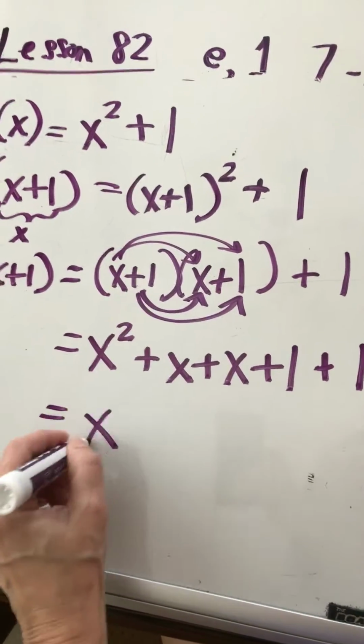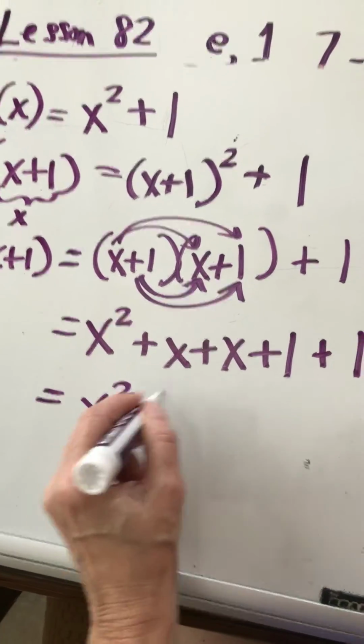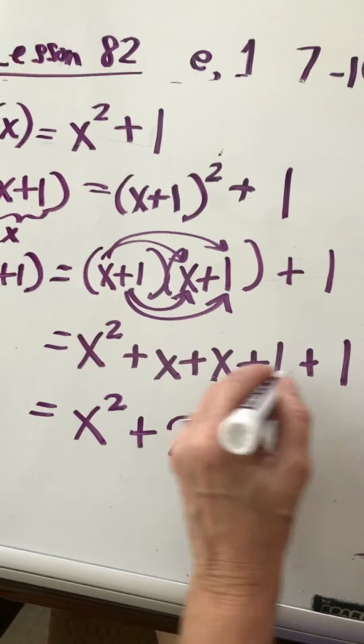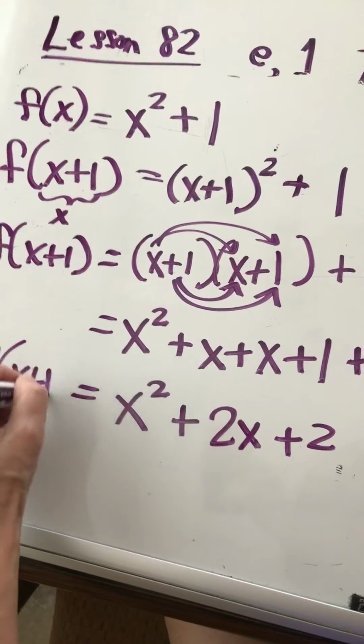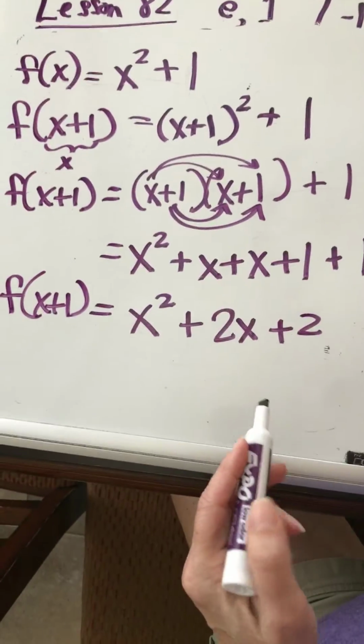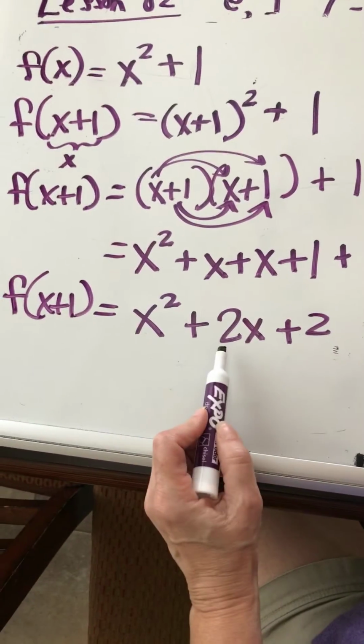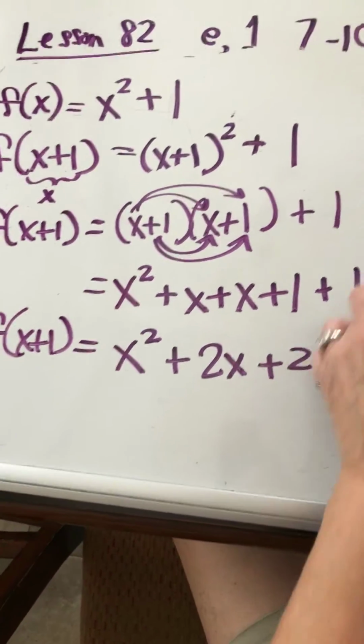I combine my like terms. X plus x is 2x. 1 plus 1 is 2. So f of x plus 1 equals x squared plus 2x plus 2.